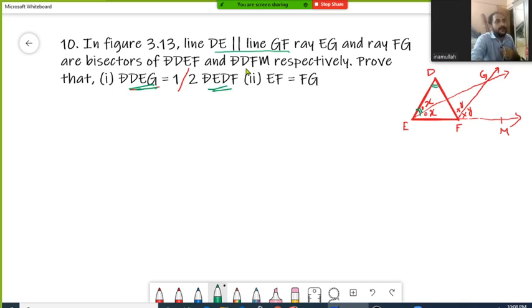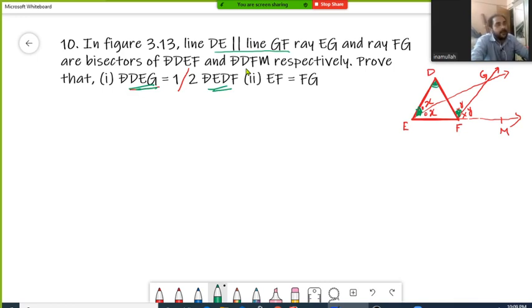This angle DEG is equal with angle DFG, these two angles, since they are alternate angles made between two parallel lines by a transversal. So angle EDF and angle DFG are equal.